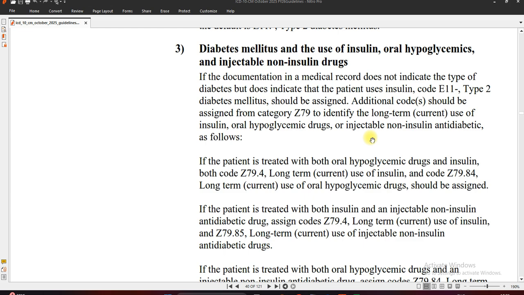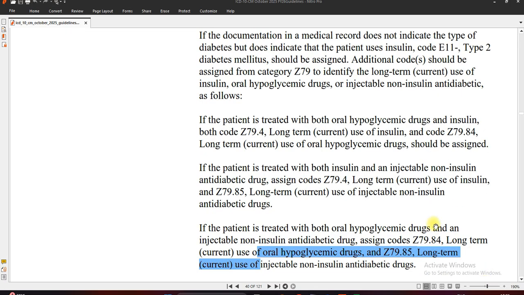So if the documentation does not specify any type of diabetes mellitus, you need to code E11.9 as well as Z79 series codes. For example, the patient has diabetes and the physician is treating the patient with oral hypoglycemic drugs as well as insulin. In that case we need to code Z79.4, long-term use of insulin, as well as Z79.84, long-term use of oral hypoglycemic drugs.